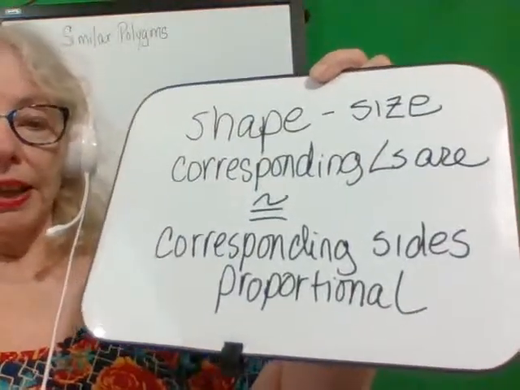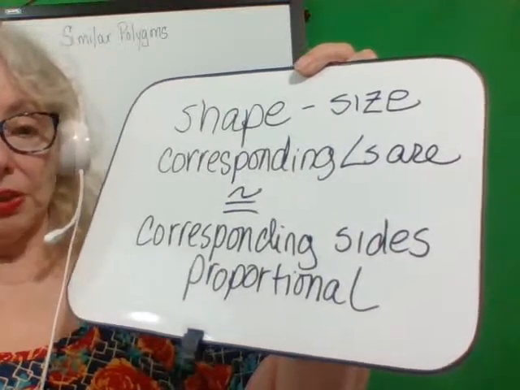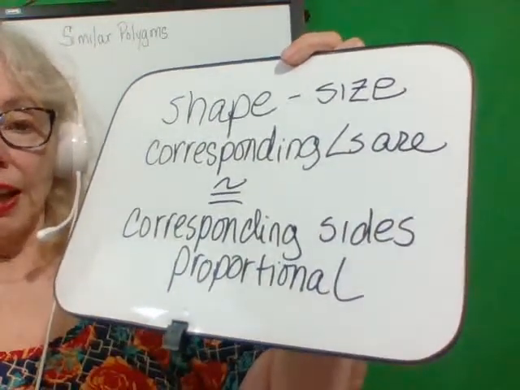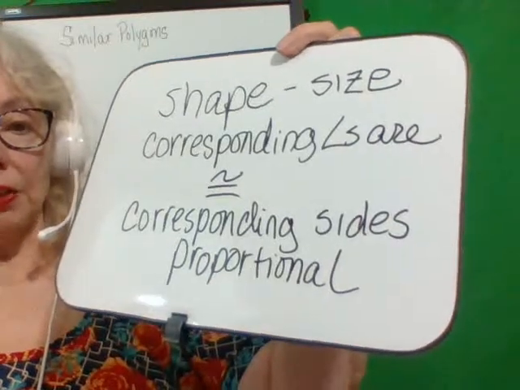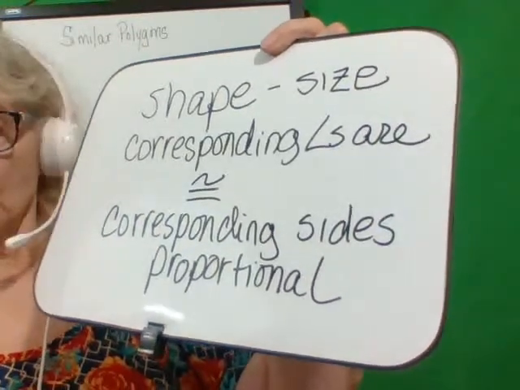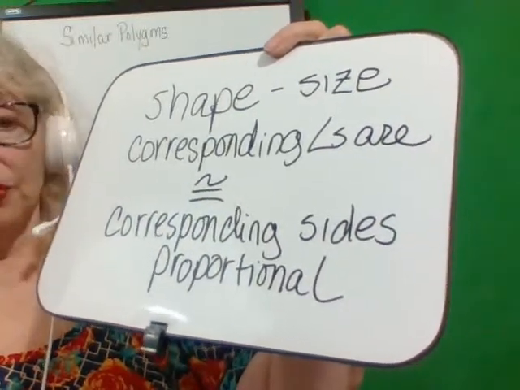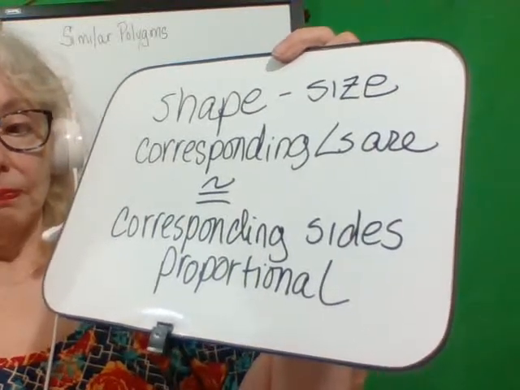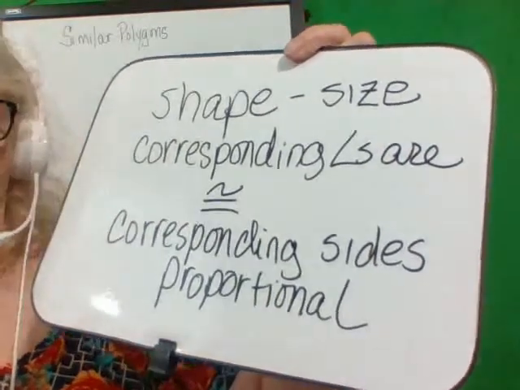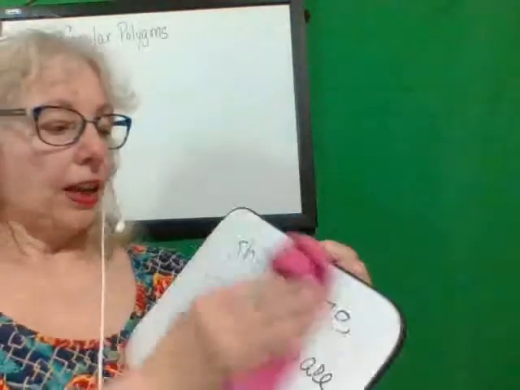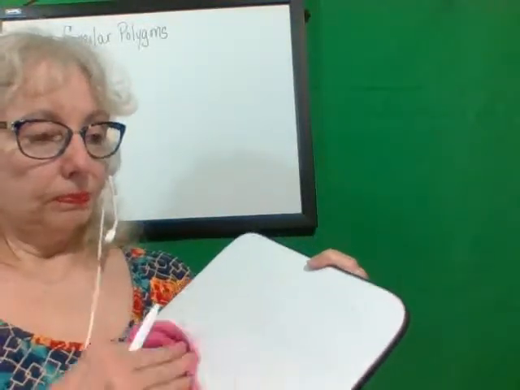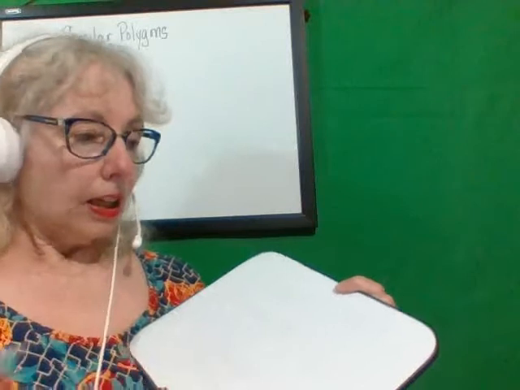So even if we have the same shape and they're different sizes, if the angles aren't congruent and the corresponding sides are not proportional, then they are not similar. So you have to get a match on all of those. All right.